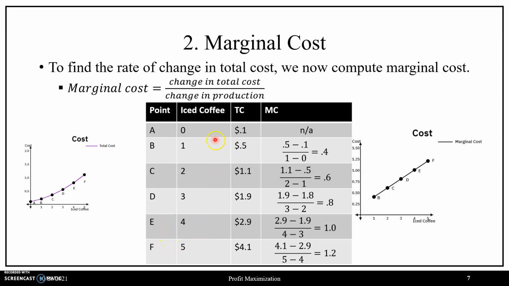Going from A to B to produce that first iced coffee, total costs are changing by 40 cents. So at point B, this generates our first point on our marginal cost curve, 1 iced coffee with a marginal cost value of 40 cents.